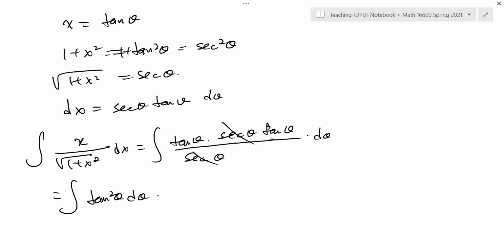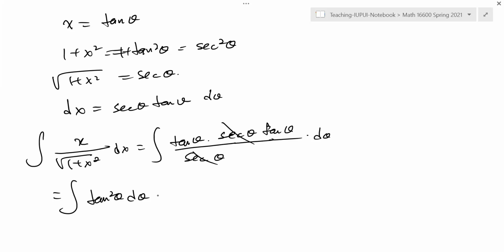So tangent square theta is sine square theta over cosine square theta. Yeah, I don't think that's a good way to do it. You may use a double angle formula, sine cosine 2 theta, sine 2 theta.